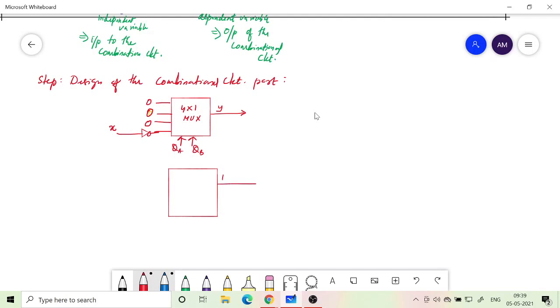So this is going to be DA, and I use a 4x1 multiplexer. Again I give the same inputs for this also.